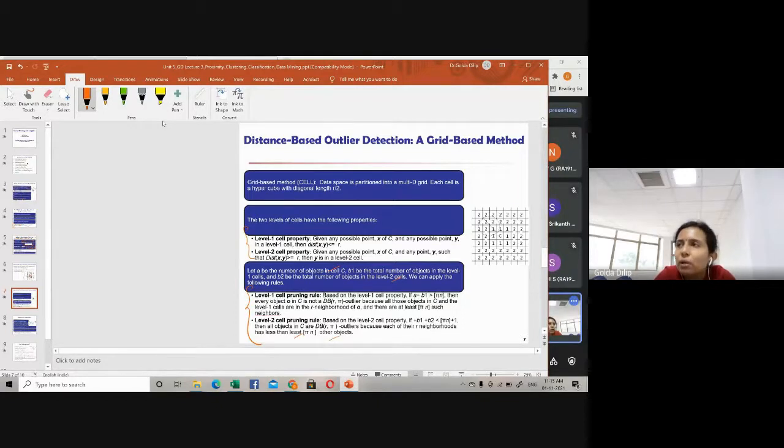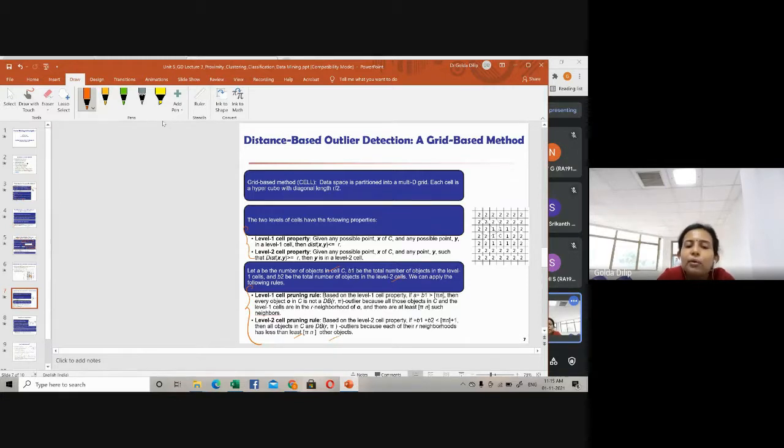Level 1 we need not consider, because all objects in level 1 have a distance of at most r to O. All the objects not in a level 1 or level 2 cell must have a distance of more than r from O, so they cannot be in the r neighborhood of O.